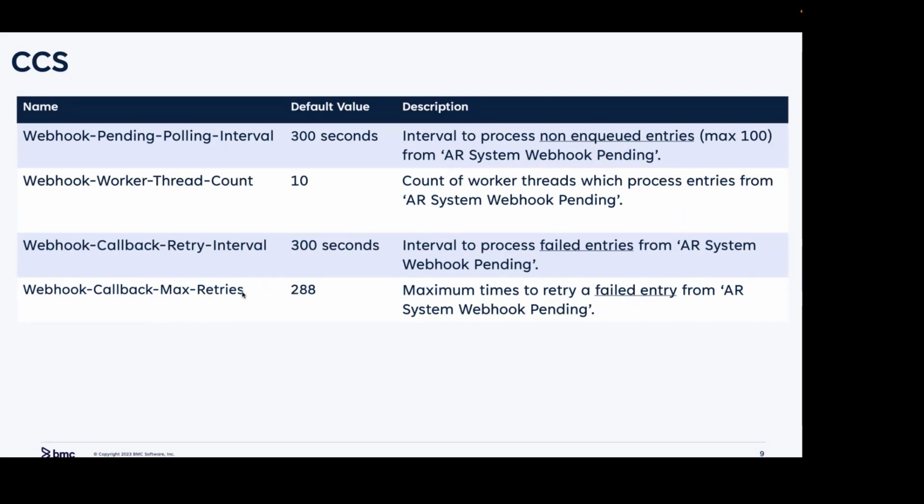This is again related to the failed entry only. So how many times you want to retry? If there is any failure in the pending form, then it keeps on retrying these many times, these many seconds apart. If it exhausts all these limits, then it moves to the error form. These are the CCS parameters that are currently related to the webhook execution.